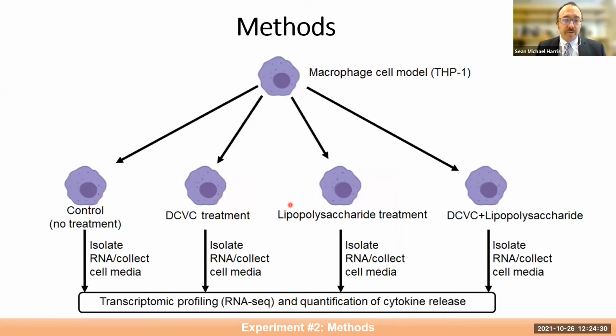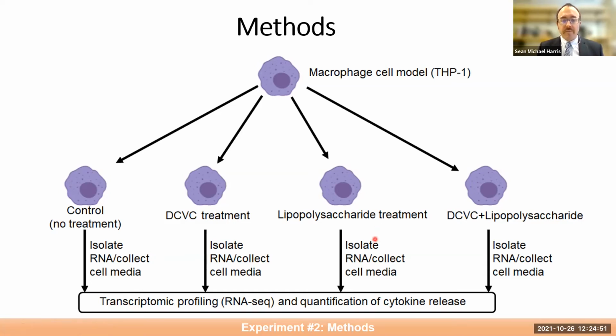So we had 4 treatment groups with these macrophage cells: a control, a DCVC treated group, a lipopolysaccharide treated group, and a DCVC plus lipopolysaccharide treated group. After each of these treatments, we isolated RNA and collected cell culture media.